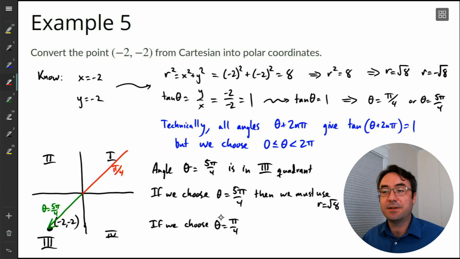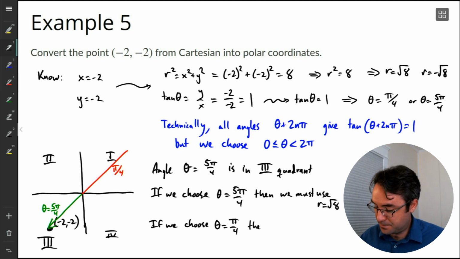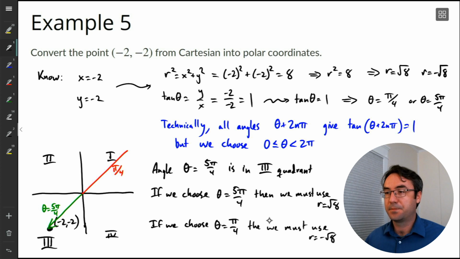So we could technically choose pi over 4, but then that would mean we have to use the negative r value. So depending on which angle we use, that instructs us on which r value to use.